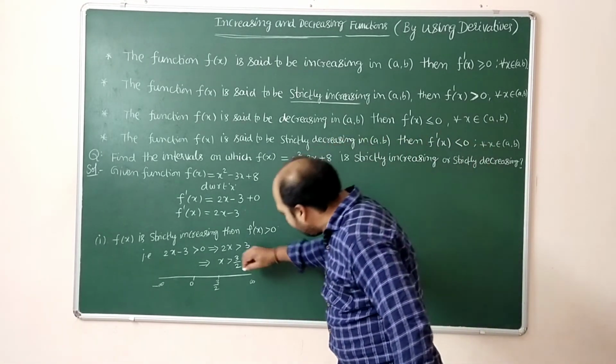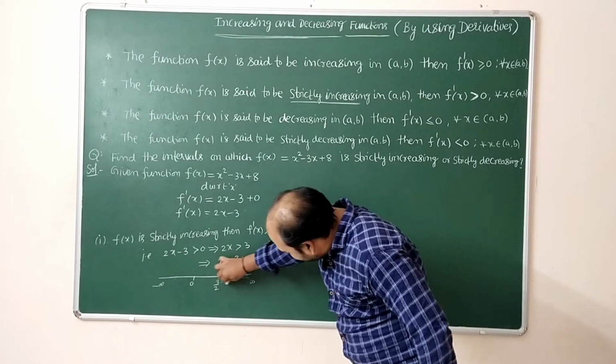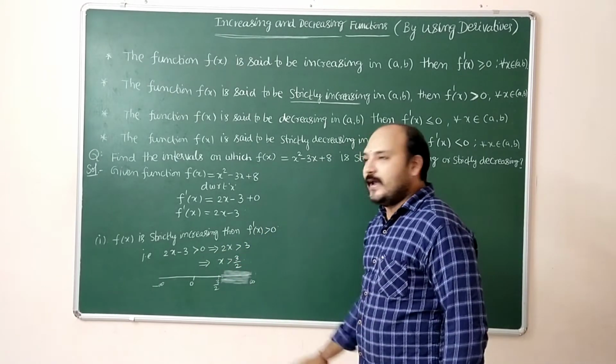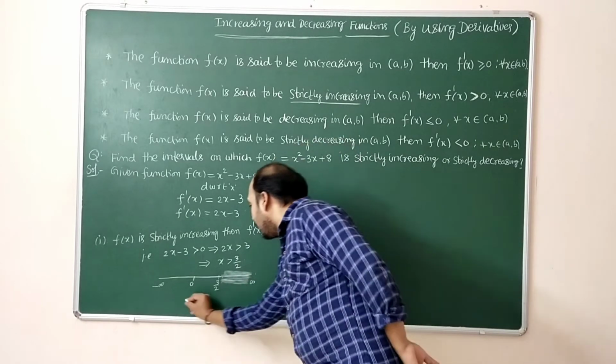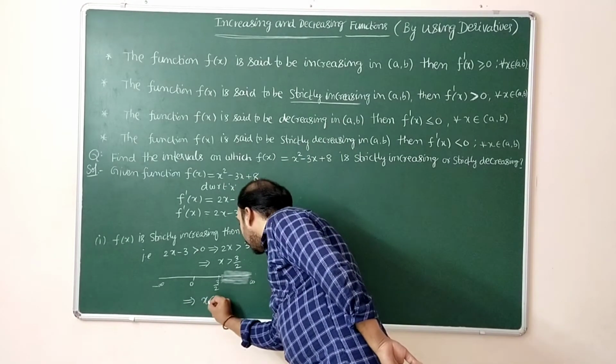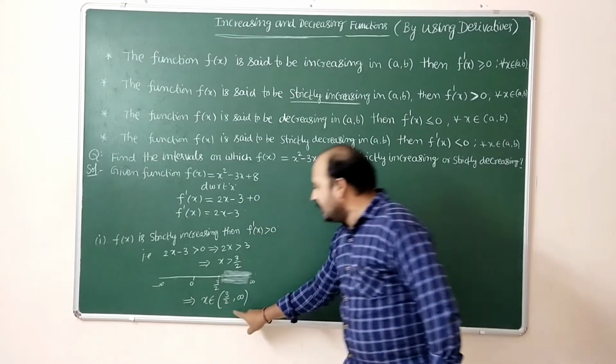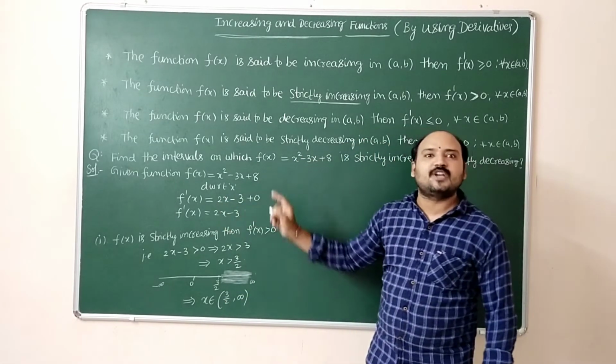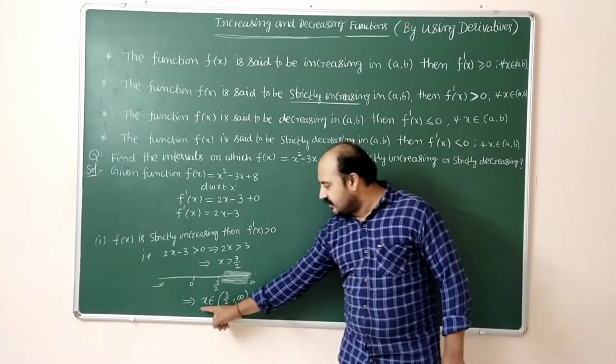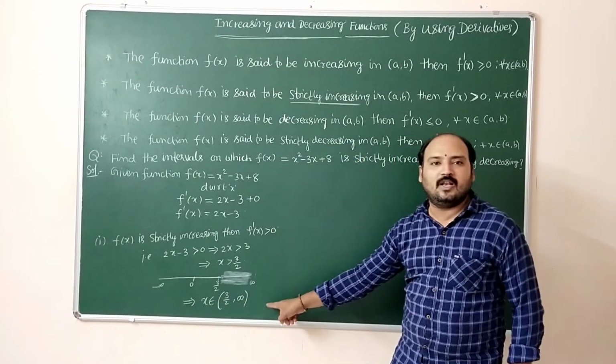So x is greater than 3 by 2 means from here to here it will come. So that implies that x belongs to open interval of 3 by 2 comma infinity. In this interval the function f of x is strictly increasing. F of x is increasing in this interval.